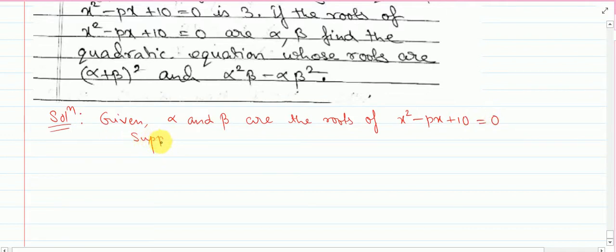Suppose alpha is bigger than beta, then alpha minus beta will be equal to 3. Put this as equation 1.